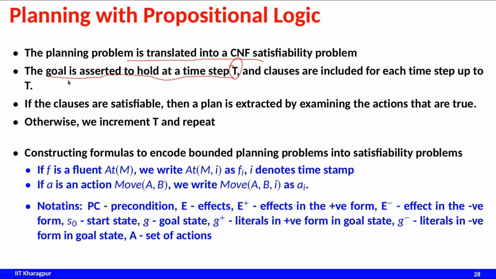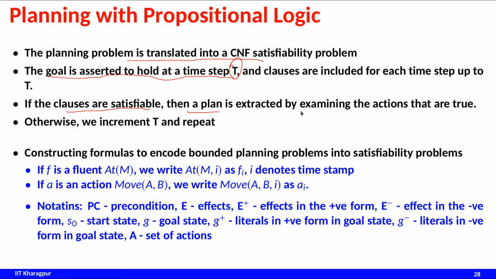So we need to generate the clauses up to time step t, and if the clauses are satisfiable, then a plan is extracted by examining the actions that are true.